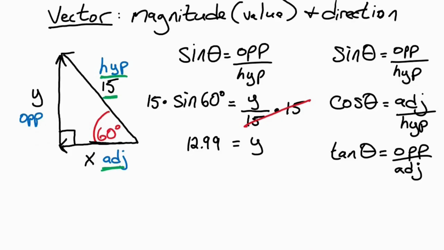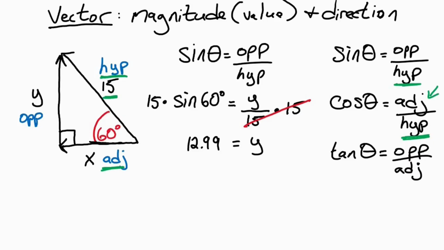Okay, well, coming back over here to the right-hand side, looking at our sine, cosine, and tangent formulas, which one of these actually makes sense? So we are given our hypotenuse, that's given information, and we're looking for our adjacent. Hey, you know what? Our cosine has to do with the adjacent.